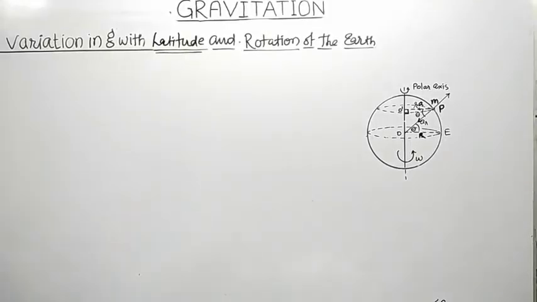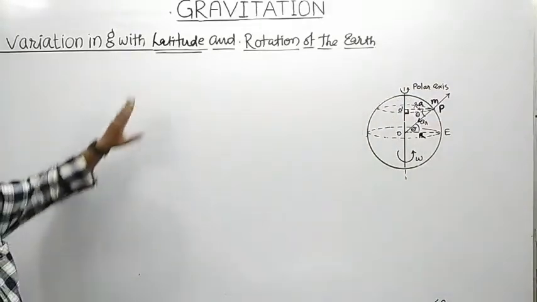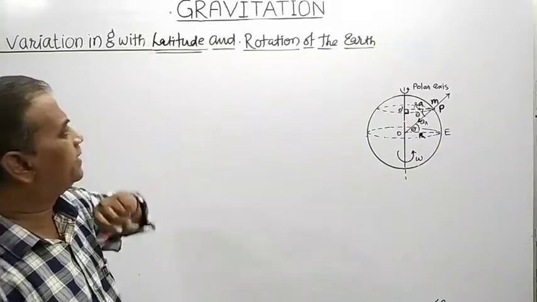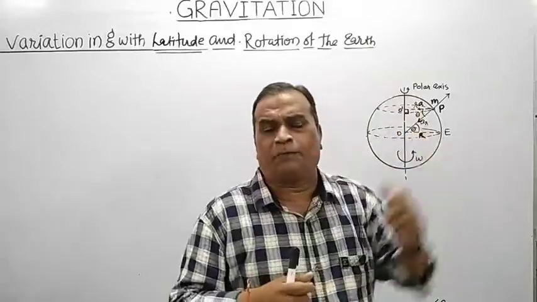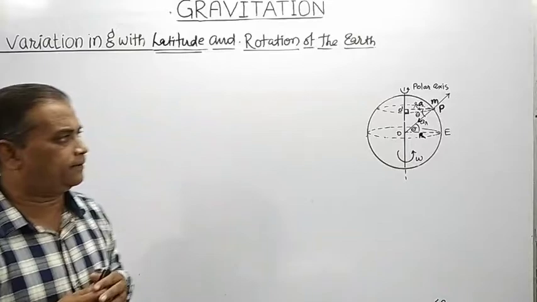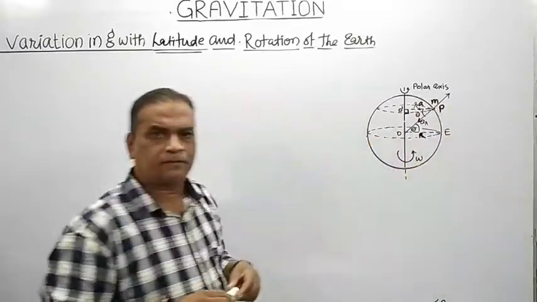Now let us see how the acceleration due to gravity g varies with variation in latitude of the particle, as well as due to the rotation of the earth, how the acceleration due to gravity will get affected. So here I have shown our planet Earth.